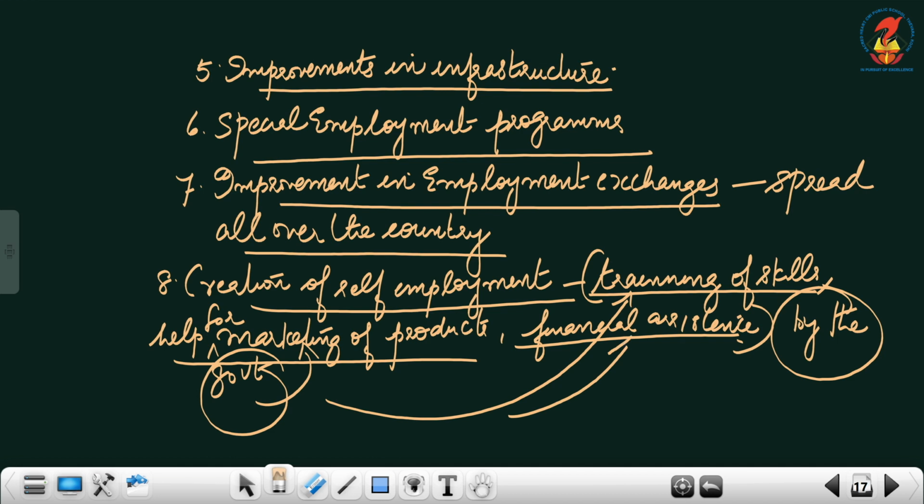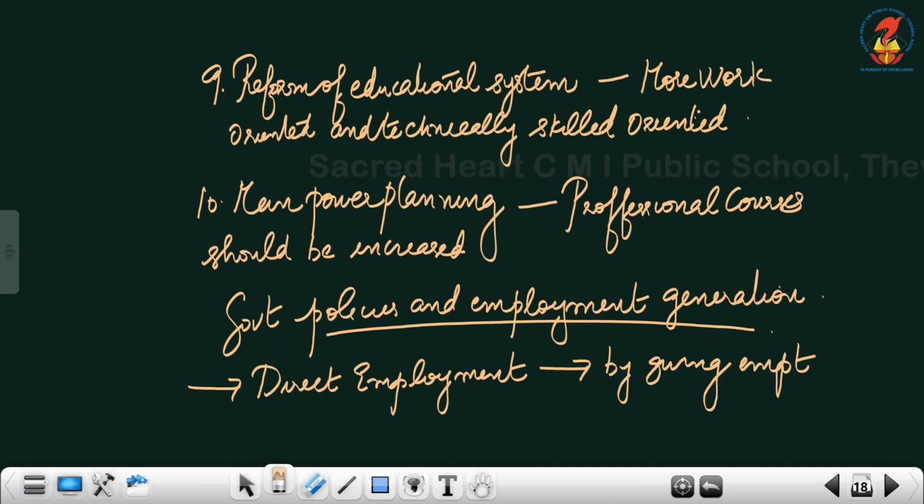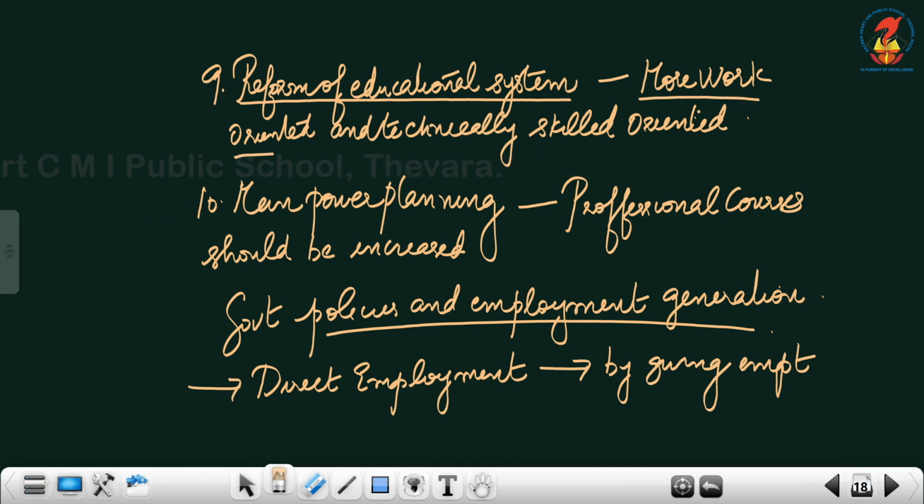Then government should also provide financial assistance to the farmers, especially in the rural areas. Therefore they can be involved in their agricultural activities. Thus their self-employment will be strengthened. This can reduce unemployment. Next one is reform of educational system. In the educational system, more work oriented and technically skilled oriented type of education should be initiated.